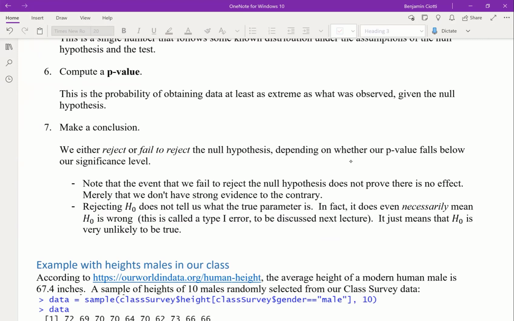And even if we do reject the null hypothesis, every once in a while, this can happen just due to random chance. And in fact, there's a name for this type of error. It's called a type 1 error, and we're going to talk about those the next lecture. So it's possible that you end up wrongly rejecting the null hypothesis, but just due to random fluctuations.